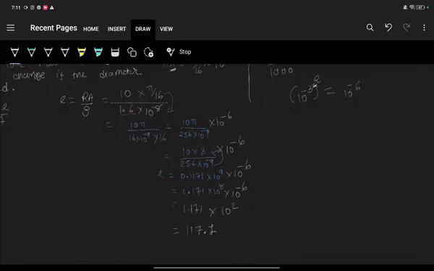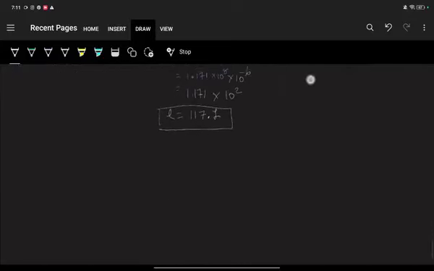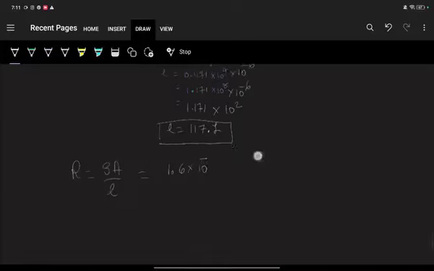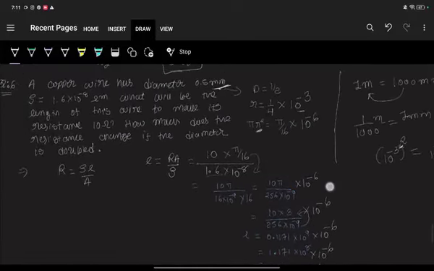So now we know what is the length of this wire. So simply we need to find the resistance. Resistance is nothing but rho L upon A, right? It is 1.6 into 10 raised to minus 8.